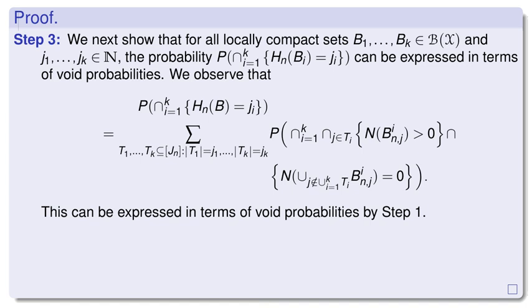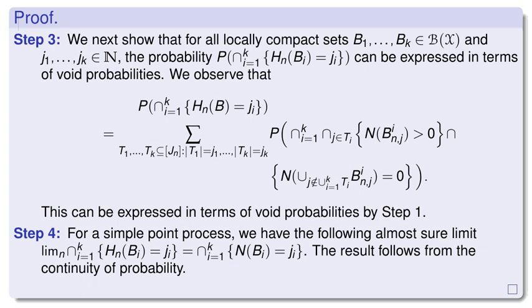The term being summed is the probability of a complex event: for each i from 1 to k and for each j in Ti, n of B superscript Inj is greater than 0, and n of the union of all B superscript Inj where j is not in the union of T1 through Tk is equal to 0. This, by our result from step 1, can indeed be expressed in terms of void probabilities.